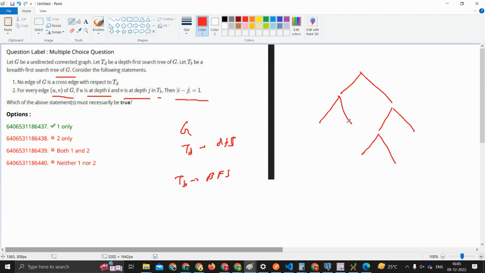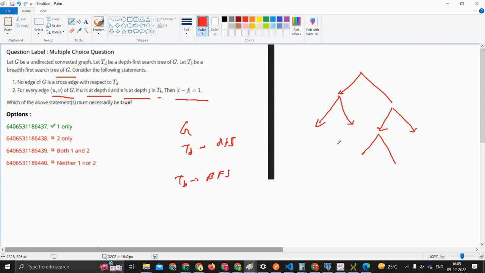So I believe if we have node A and node B, and node A belongs to one particular parent node and node B belongs to a second parent node, two different parent nodes, then we cannot connect node A with node B. In this graph, we can't have any edge which connects two different branches, two subtrees.